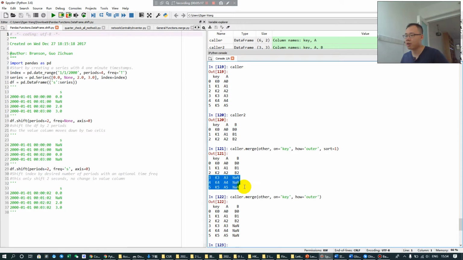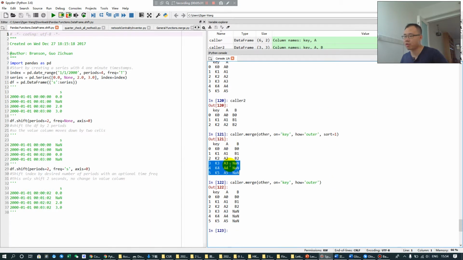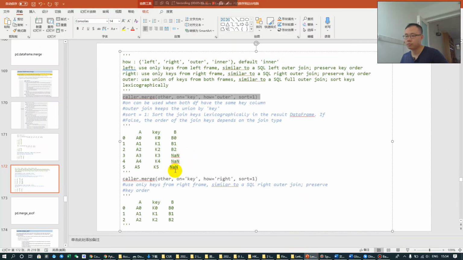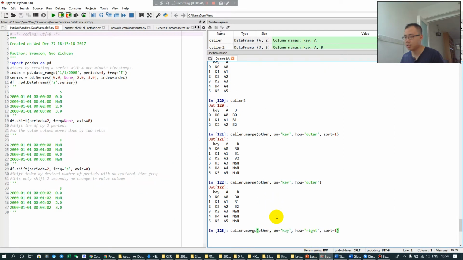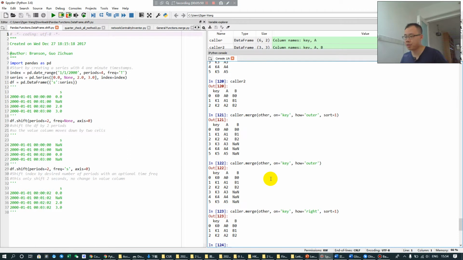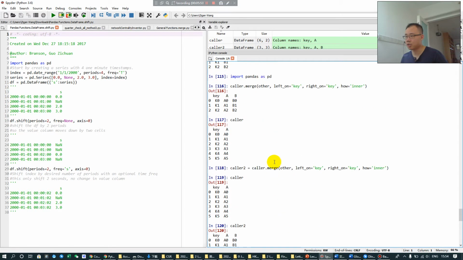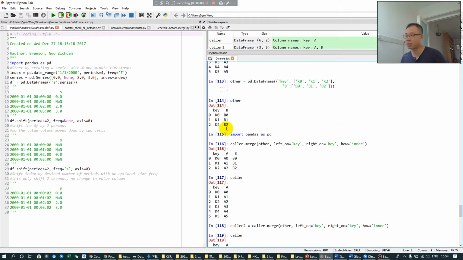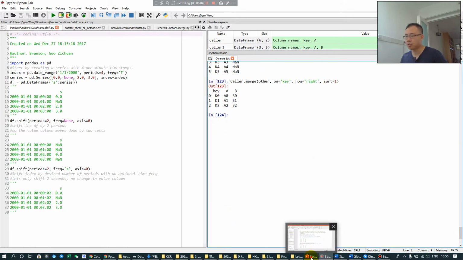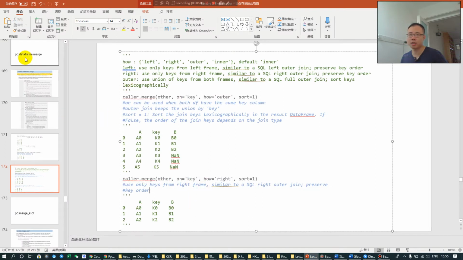And you also have the caller's 3 observations that are not matched with the other, so you have an NaN for column B. If you use right, I think it's the same as inner, because the observations of keys for other are a subset of caller. So this is very simple. It's just the data frame merge.